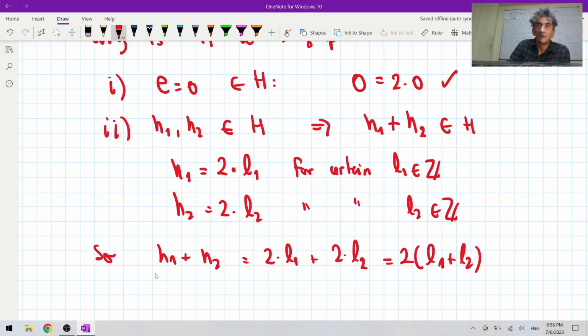And since this is an integer, because the sum of two integers is an integer, this says that the sum belongs to H. So H is closed under addition.